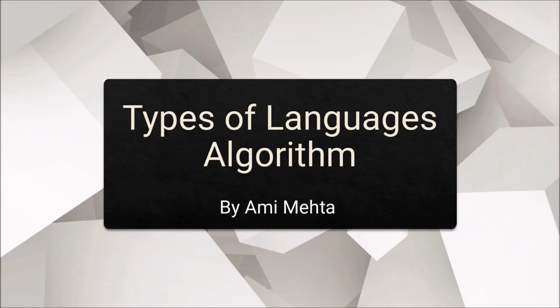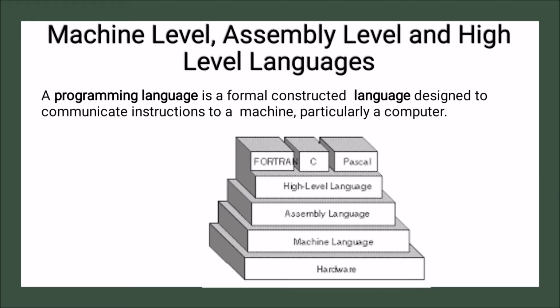So first we consider what are the types of languages. There are basically three types of languages: machine level language, assembly level language, and high level languages. Here is how languages are used in computers and why.